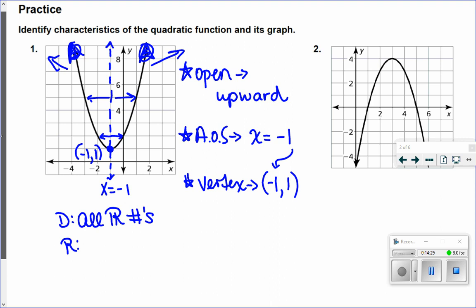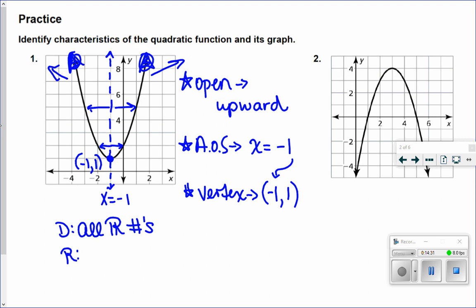The range is a little bit different, okay? Because we just decided the domain was all real numbers because it expands infinitely to the right and to the left here. But when I look along the y-axis for the range, I ask myself, is this thing expanding both up and down?